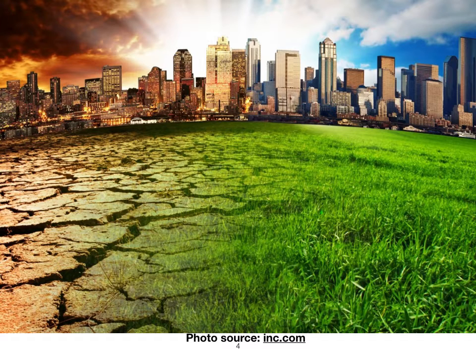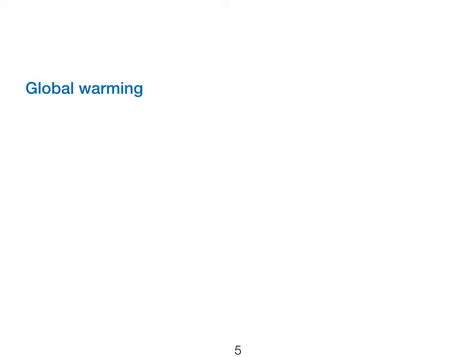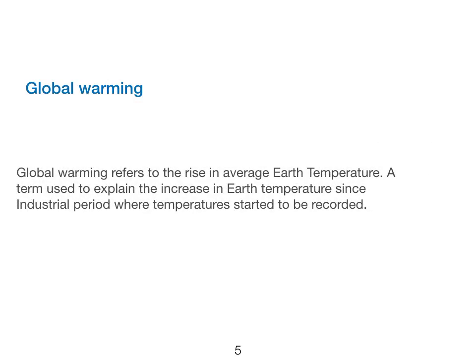So we'll be talking about the concept of global warming first. What is global warming? It actually refers to the rise in Earth temperature, and it's a term used to explain the increase in Earth temperature since the industrial period, when temperature started to be recorded. So basically, the concept of global warming came into much more development since the equipment for recording temperatures came into existence.